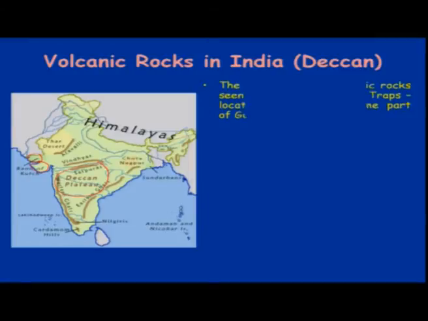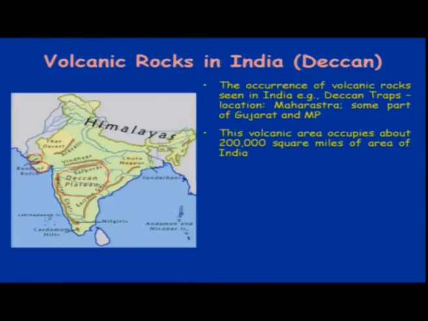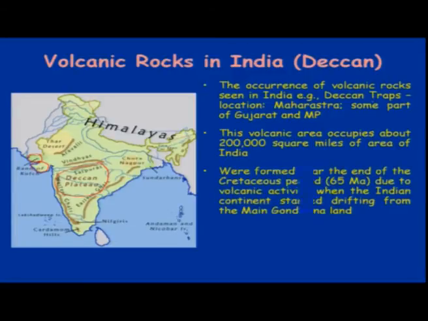So the occurrence of volcanic rocks seen in India, for example the Deccan Traps, is in locations in Maharashtra, some parts of Gujarat and MP, and this volcanic rock occupies almost 2 lakh square miles of area in India. So a very large area has been occupied by the volcanic or igneous rocks, we can say.